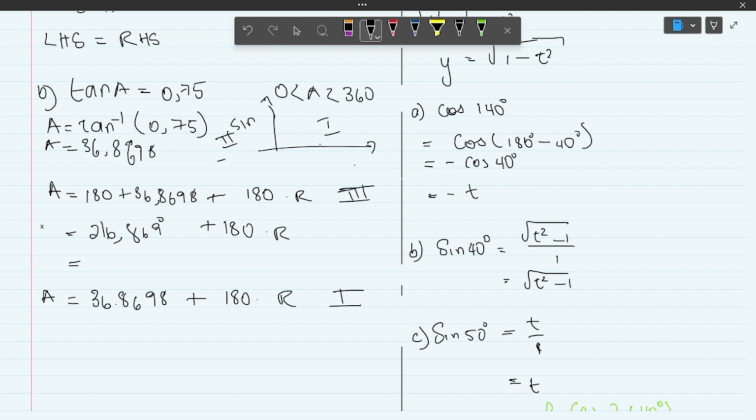It's over 360 yabo. So now that gives us an indication that any number we need to put what? Negative numbers here. So either it's gonna be -1 or -2, and it's gonna be -half yabo. So let's try to do it. So 36,8698 plus 180 multiply by what? Multiply by -2 yabo.